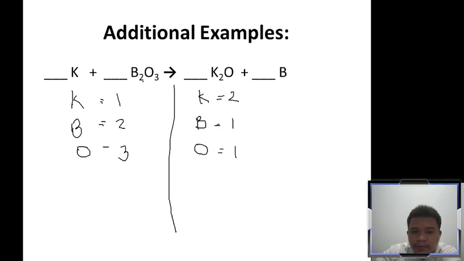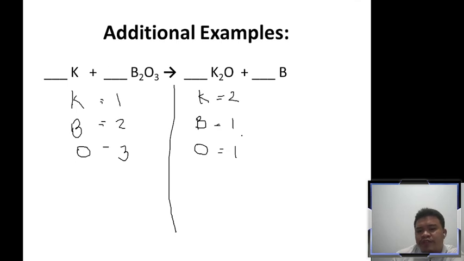Now, boron is 2 here. So to make this side of the equation 2 borons, I need to add 2 here. But by doing so, I'm only affecting the boron. So that won't work either, because oxygen is still 3 and oxygen is 1 on the other side of the equation. So what we can do right now is this.